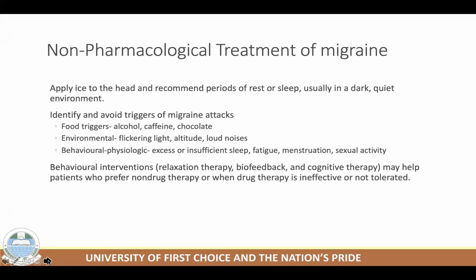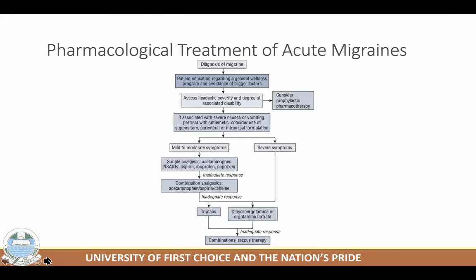Cognitive therapy is a specialist practice where somebody talks you through how possibly your migraine is related to a traumatic experience, through a model that helps you fix the problem and get over the migraine. It's useful for patients who prefer non-drug therapy and when drug therapy is ineffective or side effects limit its use.